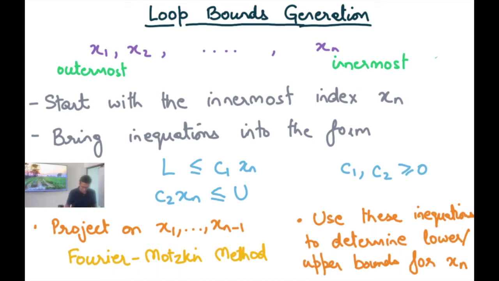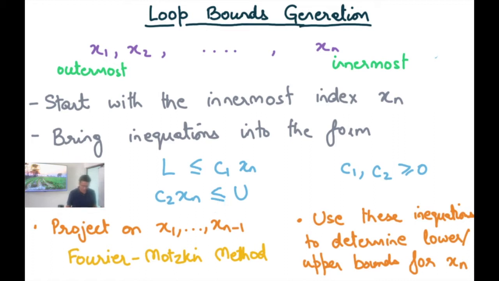And to do that, we just use these inequations like L is less than or equal to C1 xn and C2 xn is less than or equal to U to determine the lower and upper bounds for xn. So at every step, when we project and remove one iteration index, and we have figured out what the inequalities are that represent the projected polyhedron, for the iteration index that was just removed, we can determine the lower and upper bound by exactly these equations that we used for the Fourier-Motzkin method.